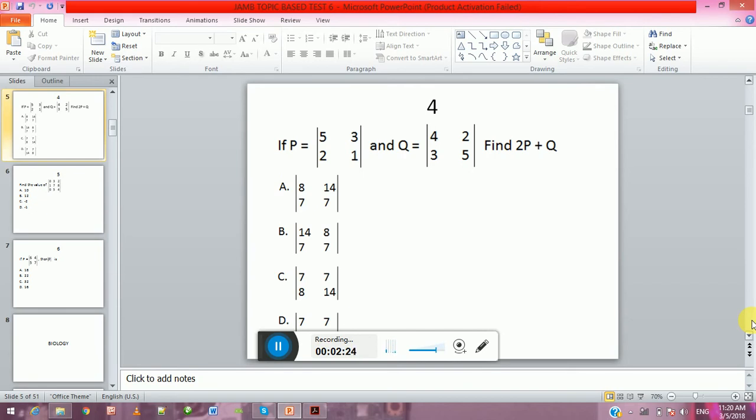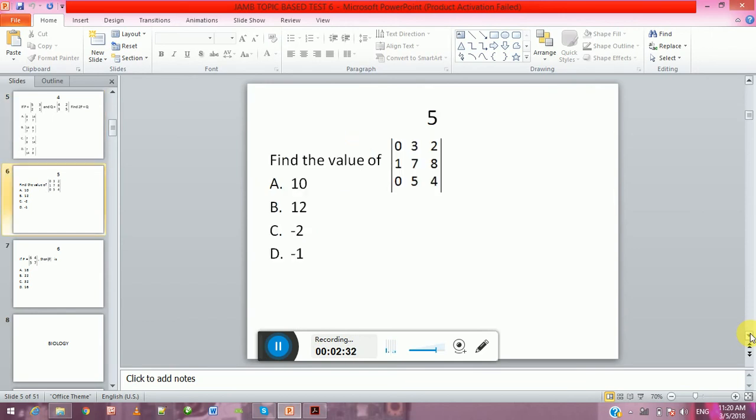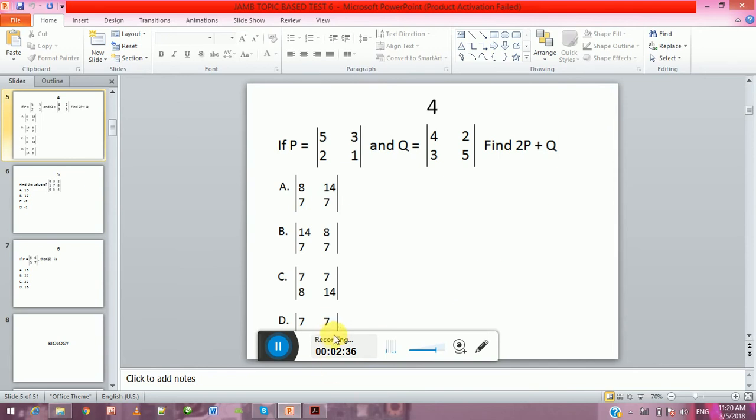C. 7, 7, 8, 14. And D. 7, 7. I need to show this option very well.